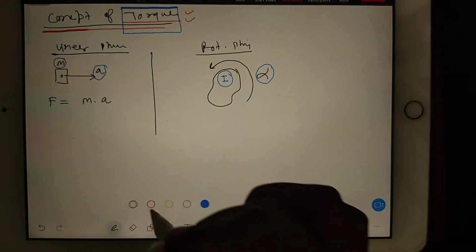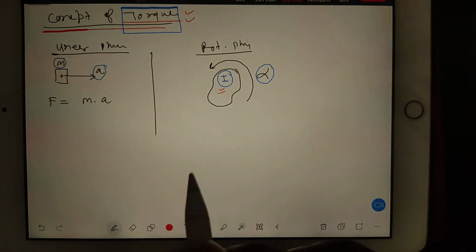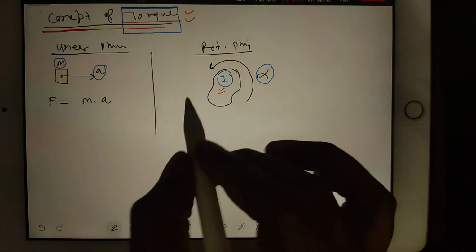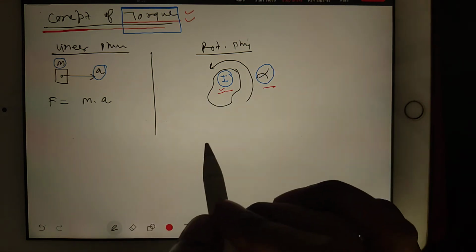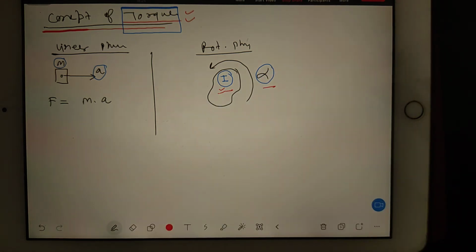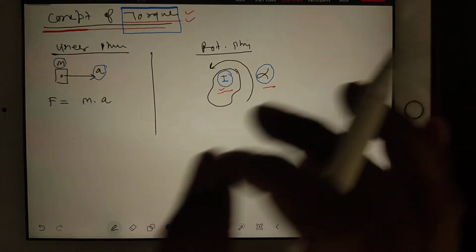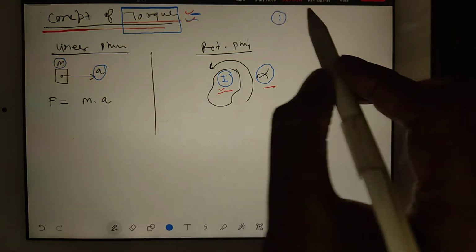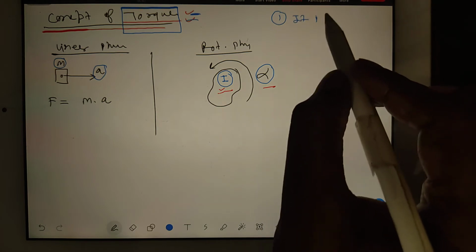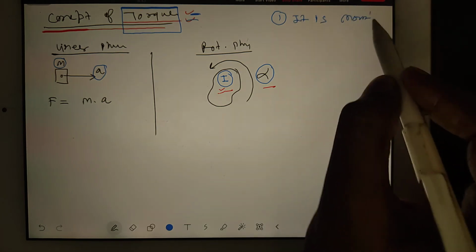Don't worry, I will explain moment of inertia in detail in this lecture or in upcoming lectures. With the help of these two quantities, we get one more quantity, and that quantity we call torque. Let's understand how the torque acts and what its role is. Torque we also say as moment of force. That is the very first point you write down: moment of force.